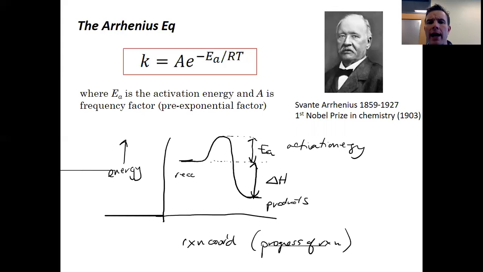So how do you back out these molecular parameters like activation energy and prefactors?